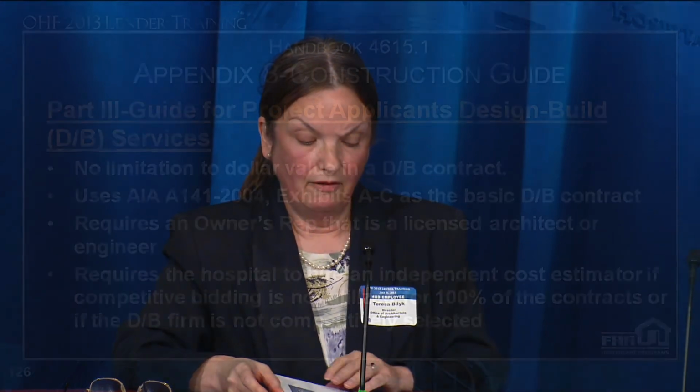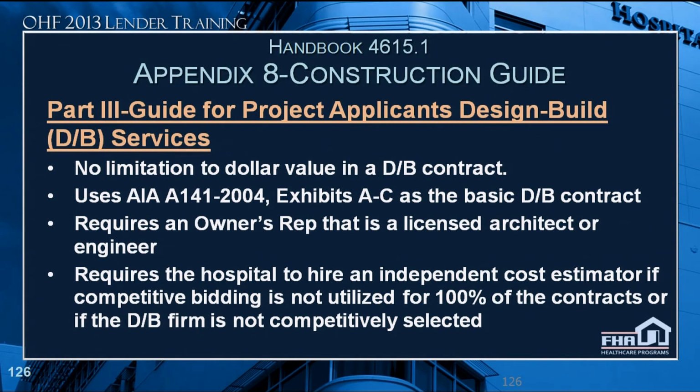Perhaps the most important thing that has changed is the Part 3, the guide for project applicants for design build services. Years ago, we had a $30 million limit, then we went to $60 million. Now we don't have a dollar limit anymore for design build. We had to change the form of contract that was used. We used the American Institute of Architects form of contract because it's very popular with the industry.